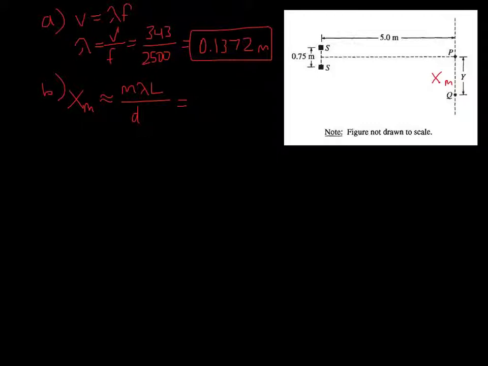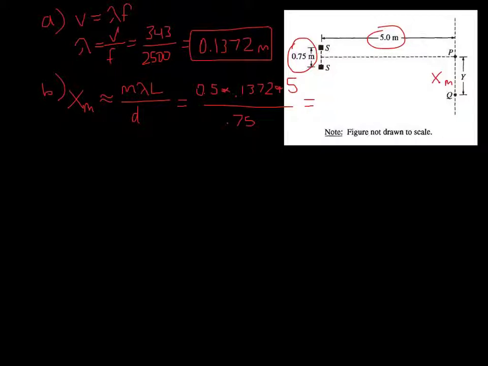So the smallest distance he could possibly go from this point to this point would be when m is equal to 0.5. So we'll put in the 0.5 times the wavelength, which was solved for as the 0.1372, times the L, which is the distance, that is 5, all of that divided by D, that's the distance between the speakers, which was the 0.75.